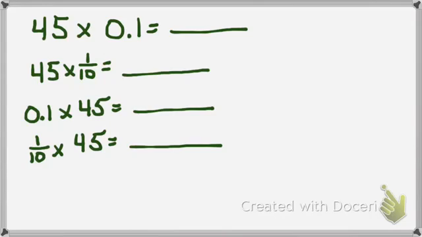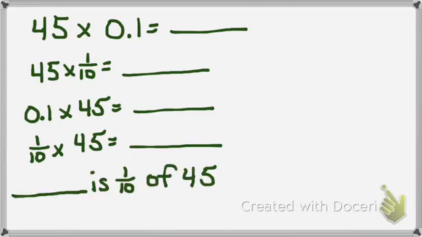Finally, you may also see it in the sentence format, which looks like this. Blank is 1/10 of 45. And remember, when working with decimals or fractions, of means times. Although they look different, all of these are the exact same problems, so let's go ahead and solve.